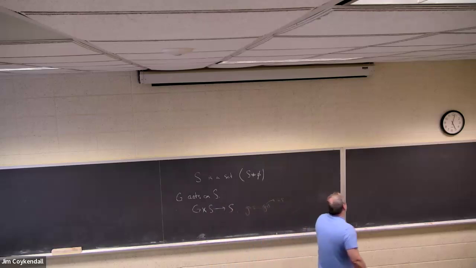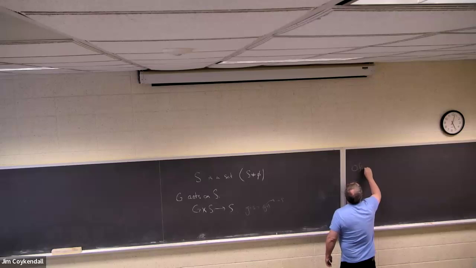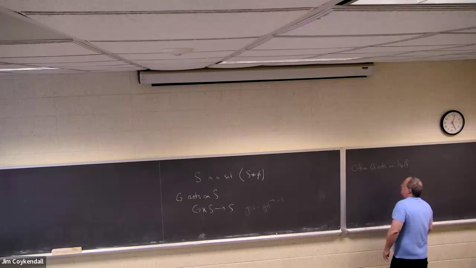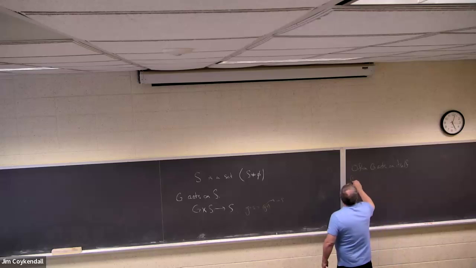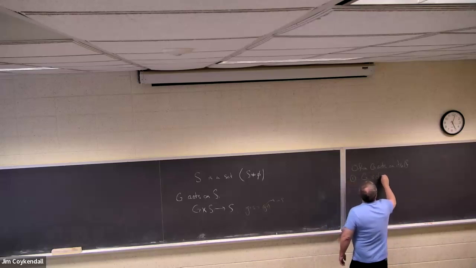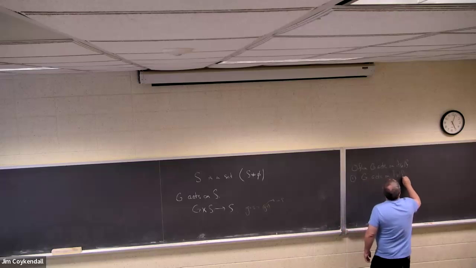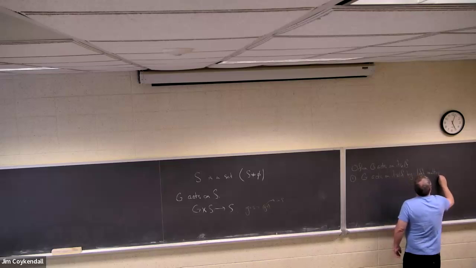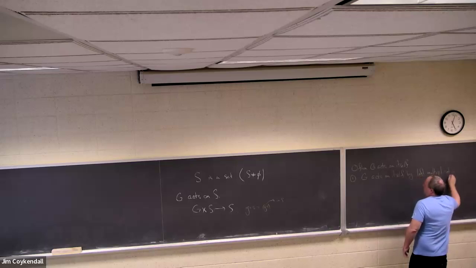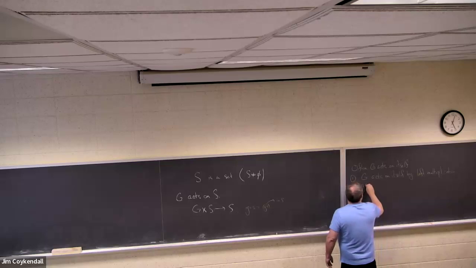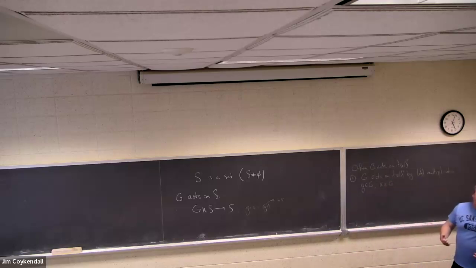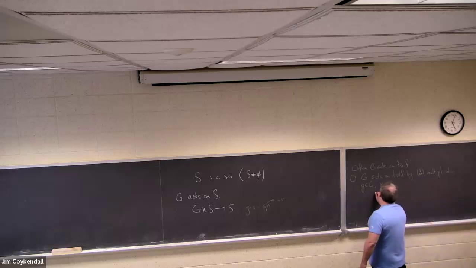And what's often done is G acts on itself. A couple of common ways that might act: G is now acting on the set G itself, and the action, g acting on x, just gives you the ordinary multiplication.